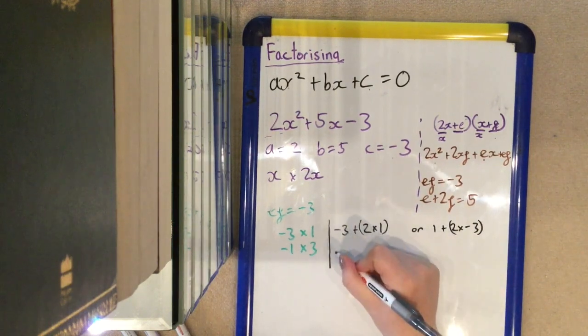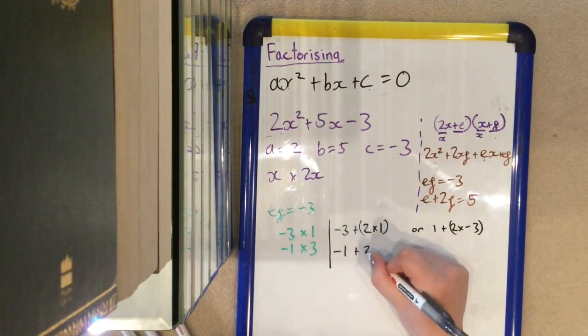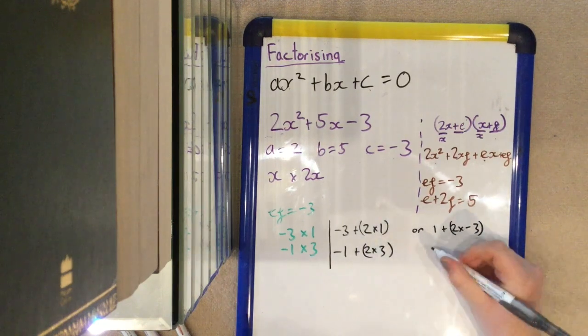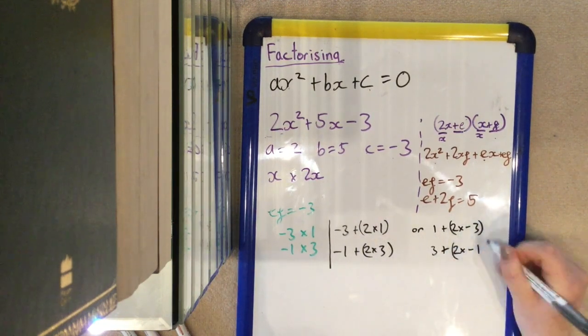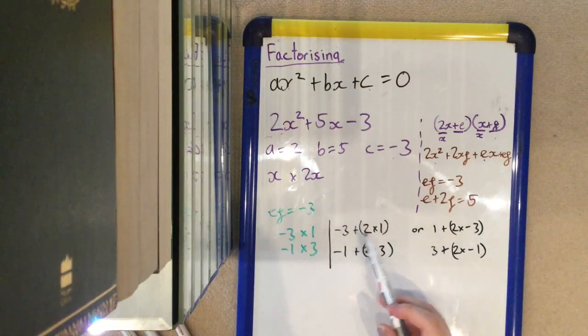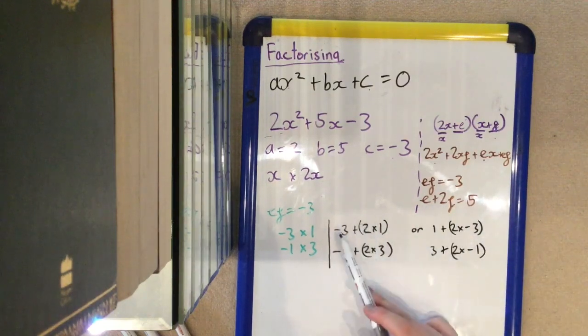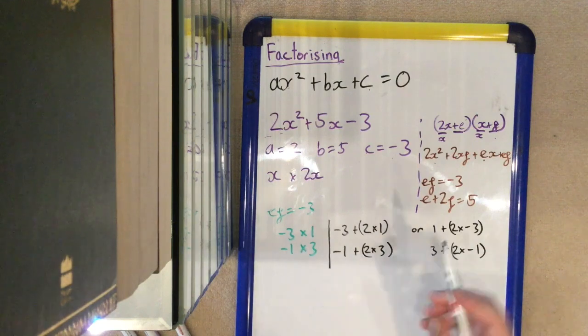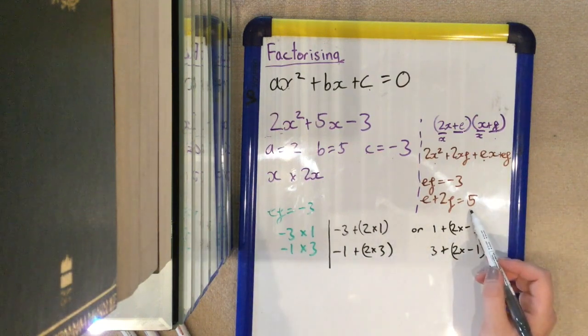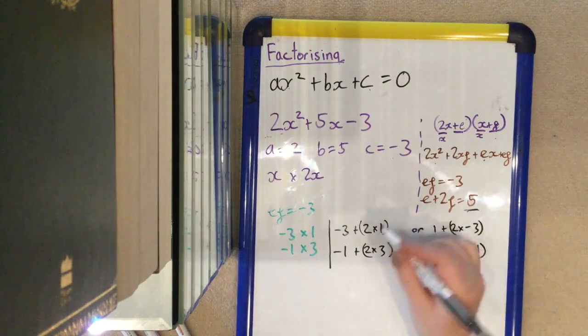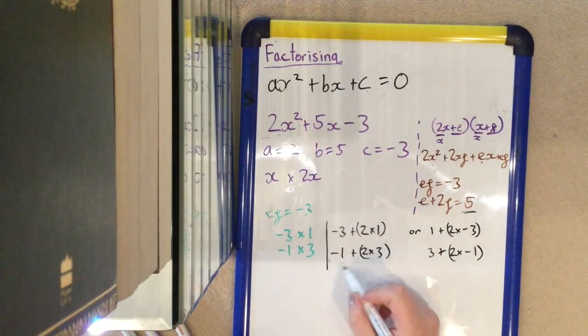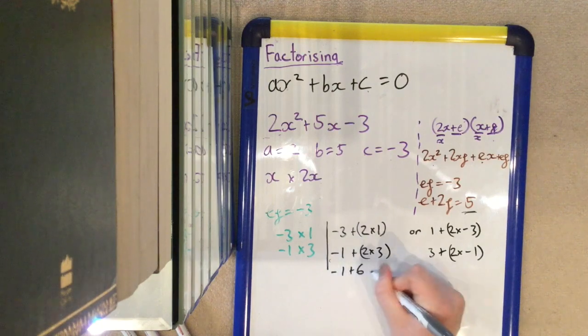Again, we can do this in the bottom, minus 1 plus 2 times 3, or 3 plus 2 times minus 1. As you can see, I've pulled the e plus 2f into each of these possible sets of numbers. Now, the thing I have to find out is which of these 4 equals 5. In this case, it's this one, minus 1 plus 6, 5.